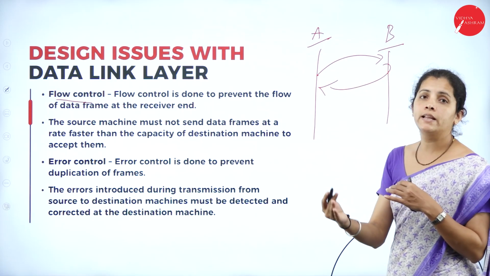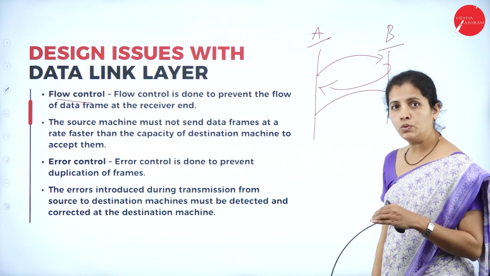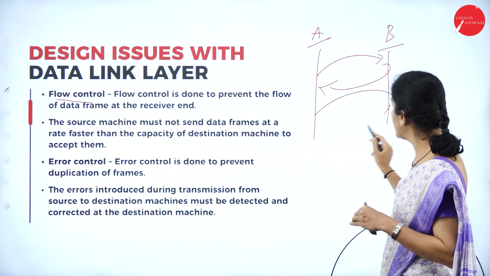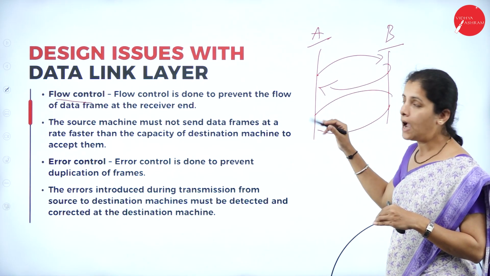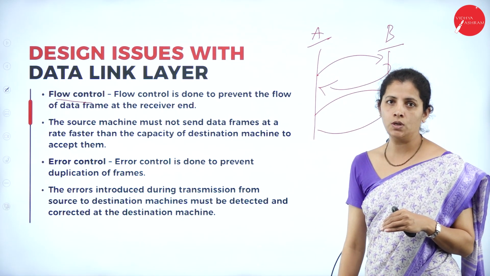Now I want to send frame 2. A sends frame 2, B receives frame 2 and sends the acknowledgement back to the sender A, and this process itself is known as flow control.